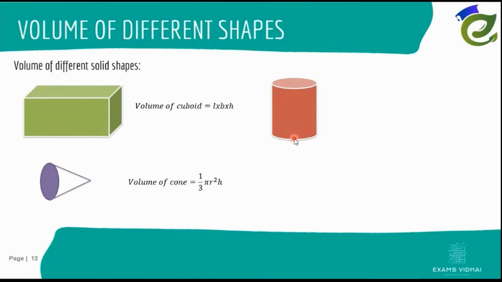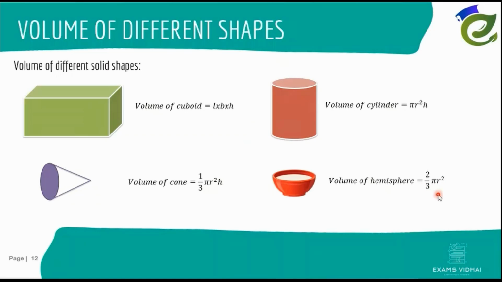This is a cylinder, and the volume of a cylinder is pi r square h, where r is the radius of the base circle and h is the height of the cylinder. This is a hemisphere. The volume of a hemisphere is 2 by 3 pi r cube, where r is the radius of the hemisphere.